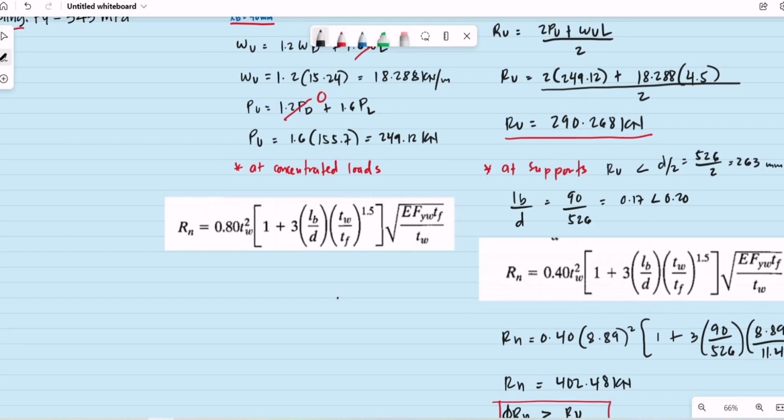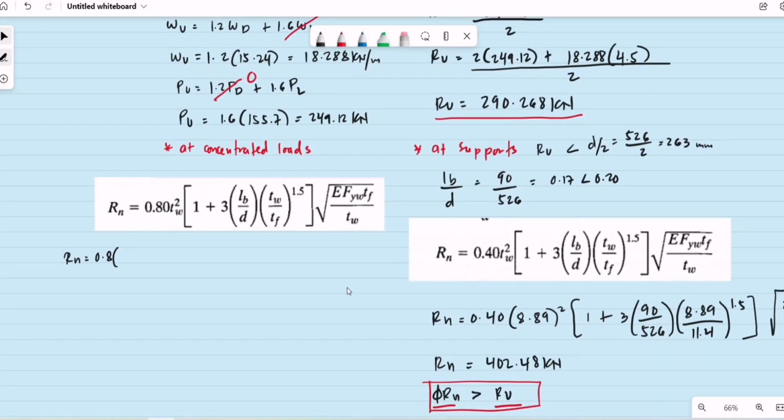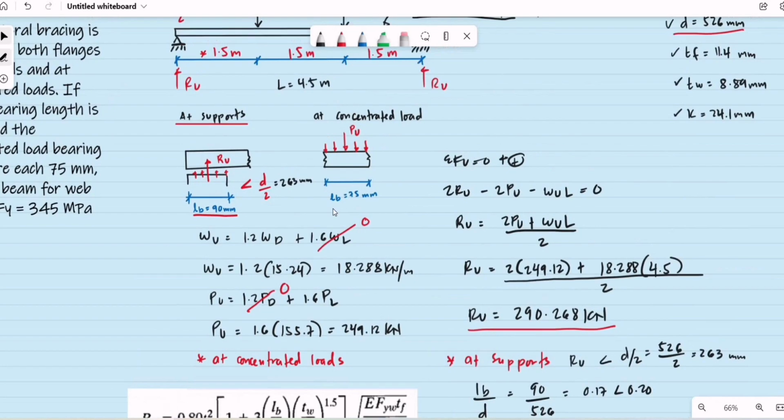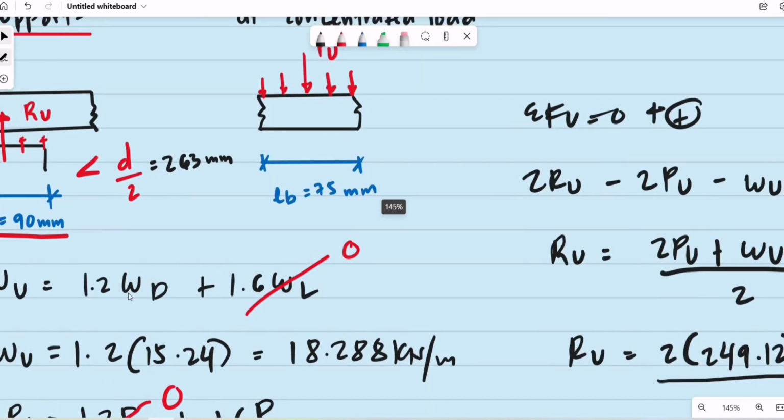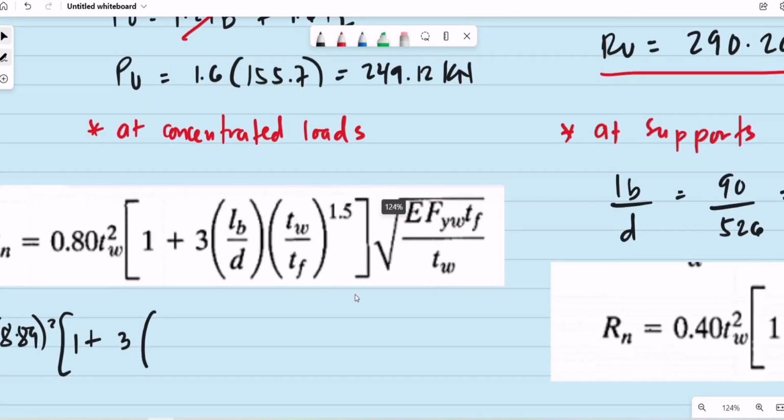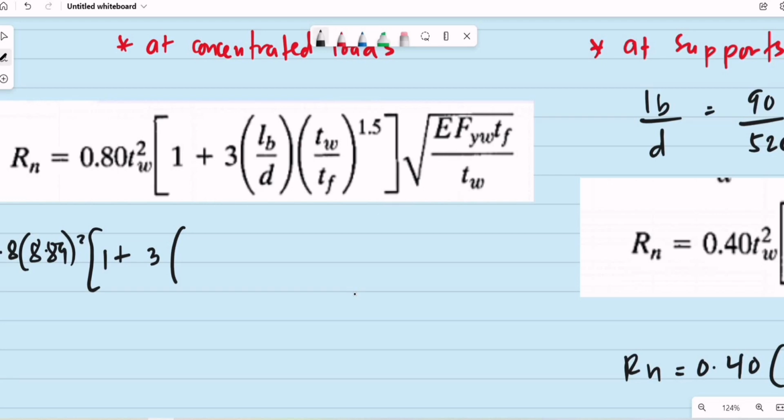Rn at concentrated loads is equal to 0.80 times the thickness of the web squared. What is the thickness of the web? That is 8.89 squared. Then multiplied by 1 plus 3 times the bearing length, which for concentrated loads is 75 millimeters, over the depth of the beam, 526 millimeters.